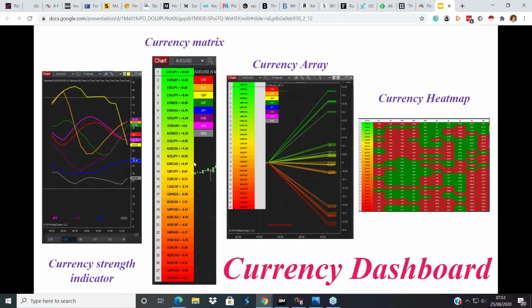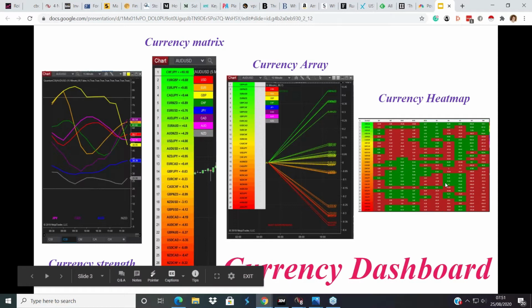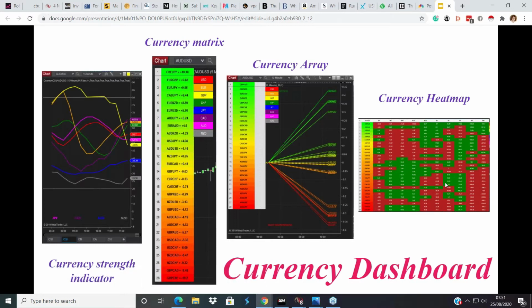We have the matrix, which takes the information and pairs it and ranks the pairs, the strongest and the weakest. We have the array, which is a measure of the strength of trend in the individual pairs, and trends are something that I want to talk about in more detail in this session today. And then we have the currency heat map, which looks at the performance of the pairs across the multiple time frames.